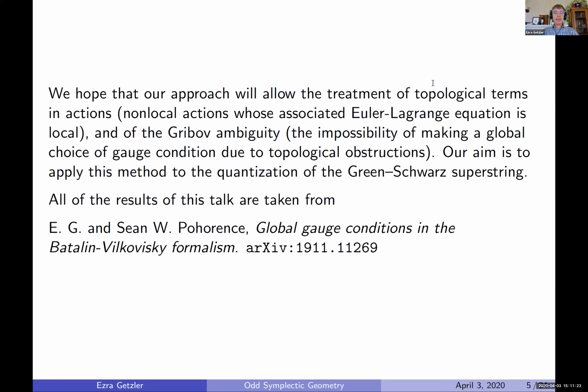Okay, so the application, as I mentioned, that Pohrens and I have in mind is to the quantization of the Green-Schwarz superstring. So I invite you to look at our paper. We certainly don't even mention the Green-Schwarz superstring in our paper.